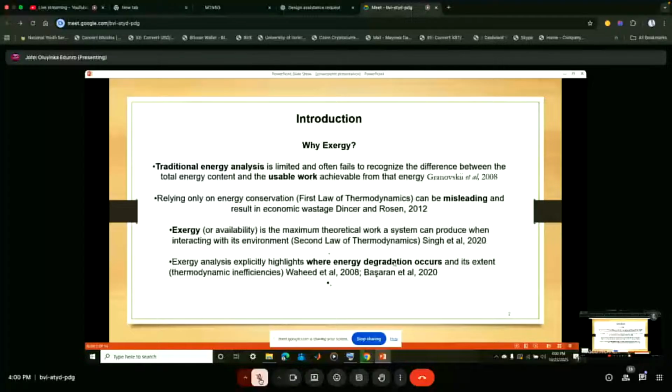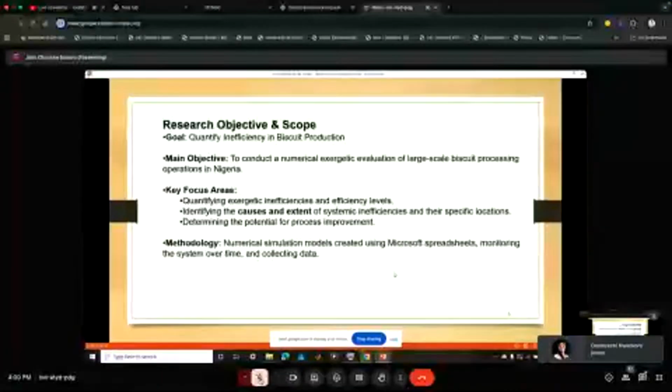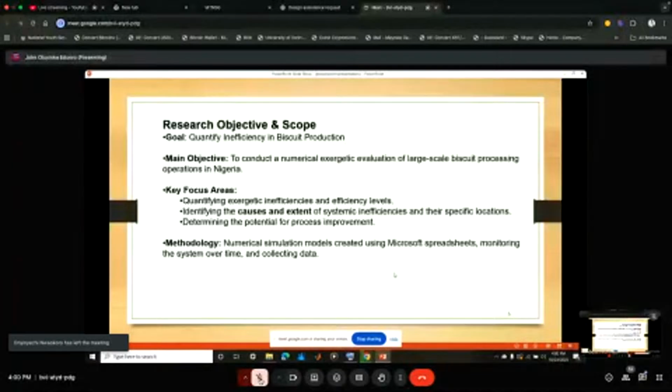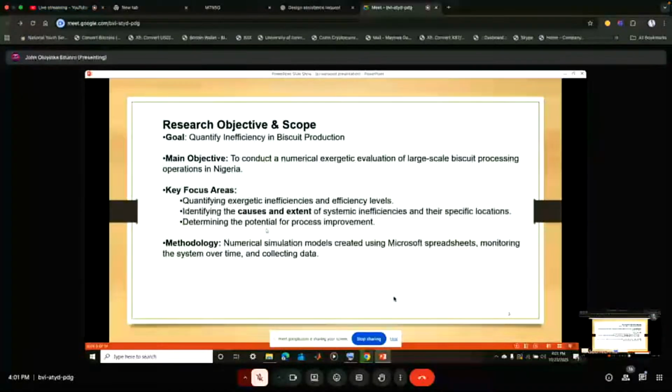It highlights where energy degradation occurs and the extent, to quantify the inefficiency in biscuit production. The main objective is to conduct a numerical exergetic evaluation of large-scale biscuit processing operations, quantifying exergetic inefficiencies and efficiency levels, identifying the causes and the extent of systemic inefficiency and their specific locations.